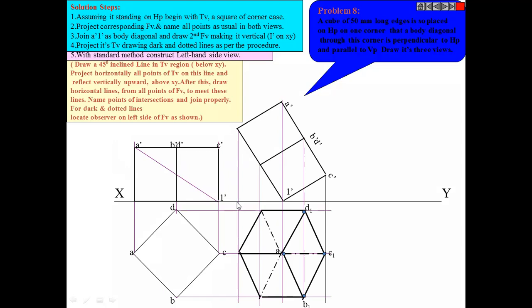Now when you see this from the top, which point will you see first? A dash. And that A dash and 1 dash is a single straight vertical line. So when you see from the top, it will look like a point, isn't it? Correct?